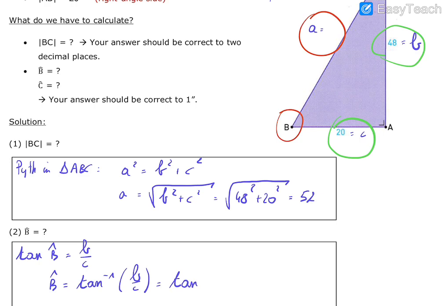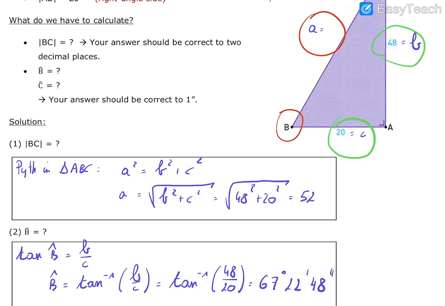That is the inverted tangent of 48 divided by 20. And then we have 67 degrees 22 minutes, and if you round that correctly, 48 seconds.